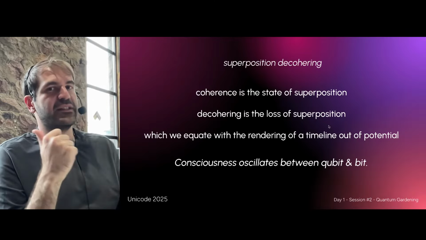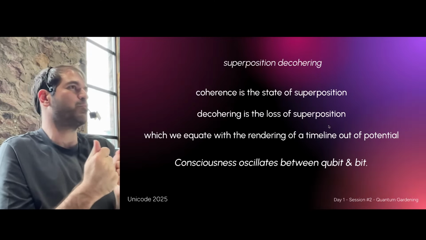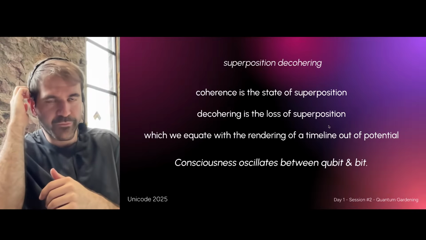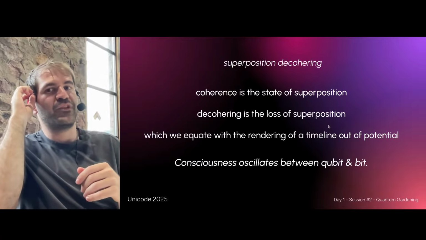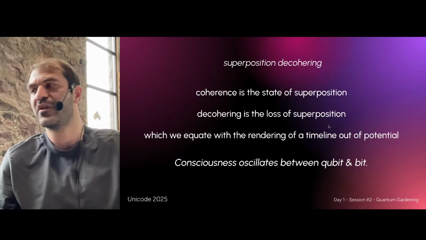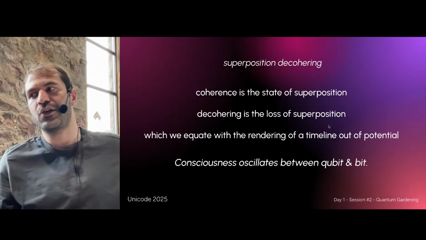So coherence is infinite potential, superposition, and decoherence is the loss of that superposition into a single rendered holographic reality. So we equate superposition decohering with the rendering of a timeline out of potential. So consciousness is constantly oscillating between qubit and bit.